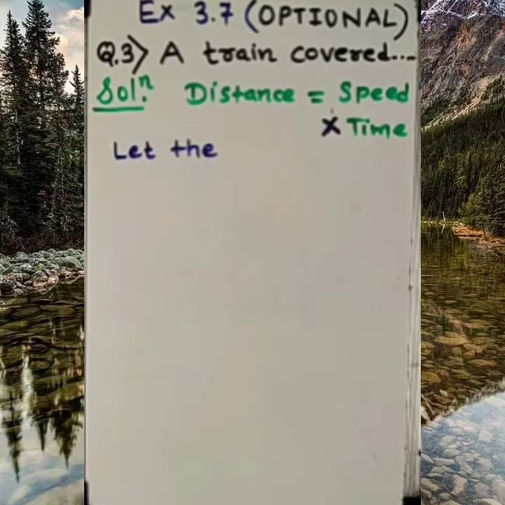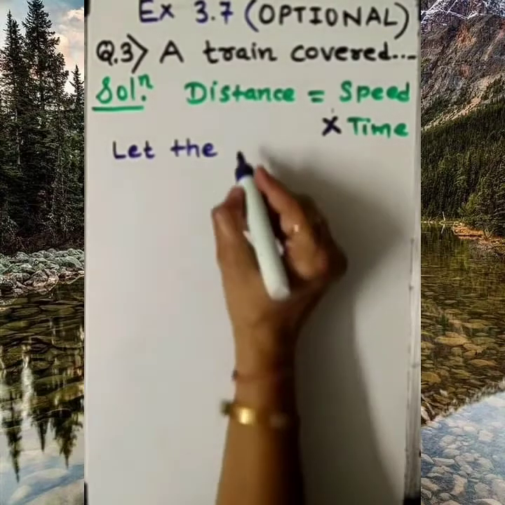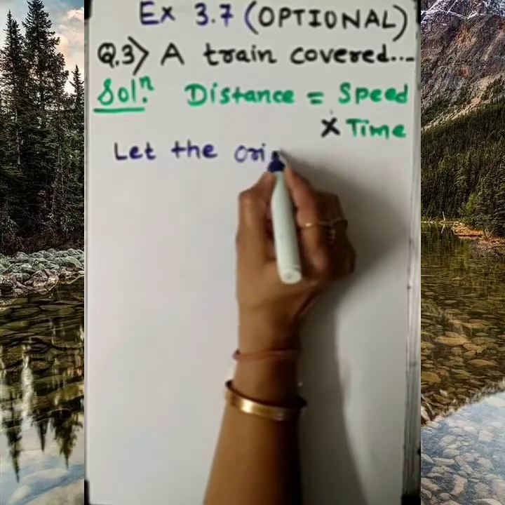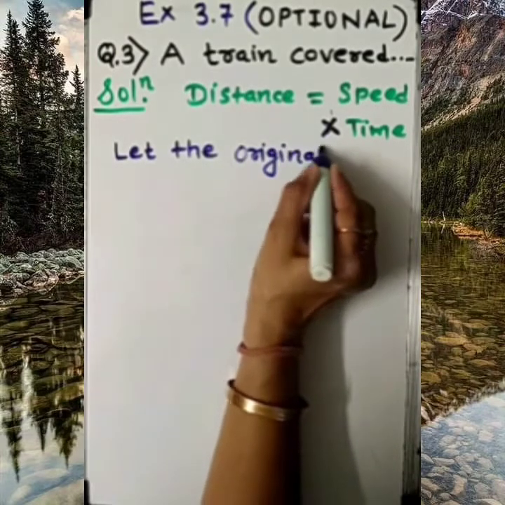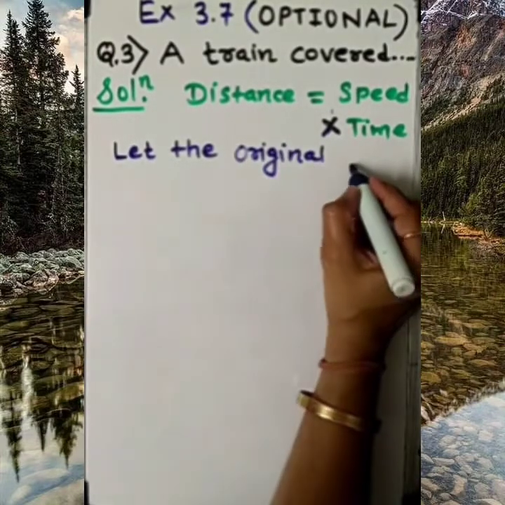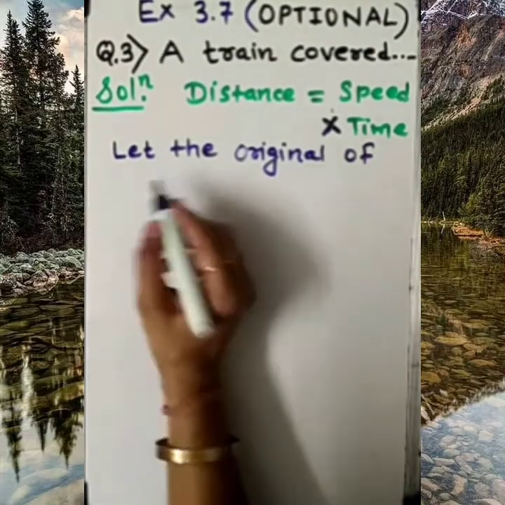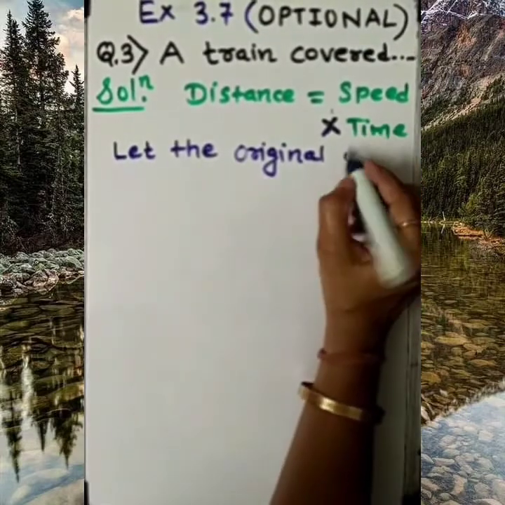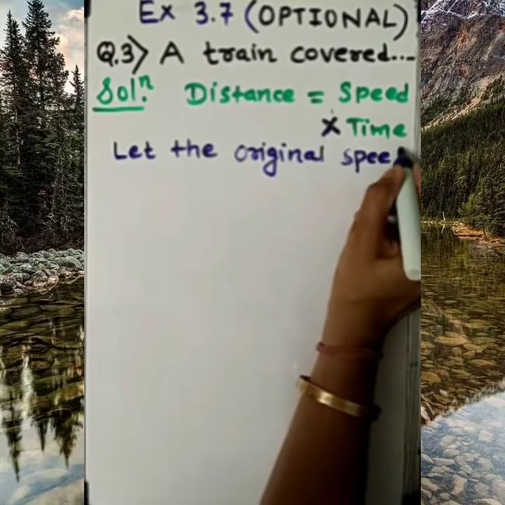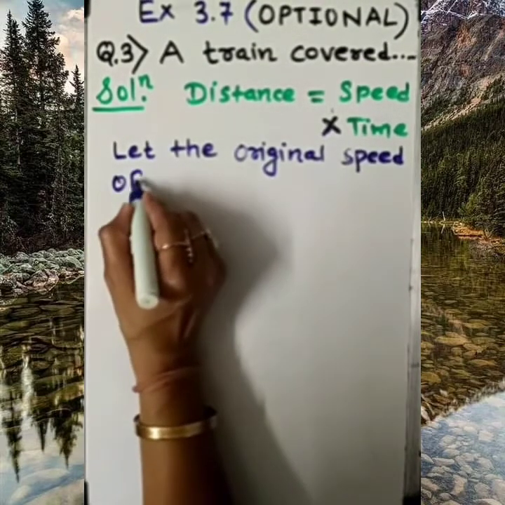Now we will use this formula, but we do not know the speed and we do not know the time. In such a case, let the original speed of the train be assumed. Why am I using the word original? Because the speed is changed for the train. That's why I am using the original speed of the train.